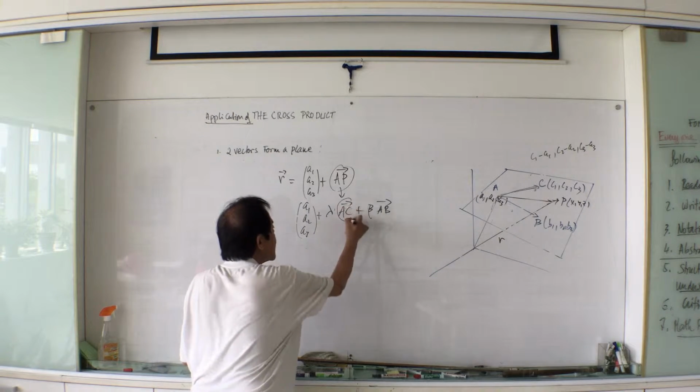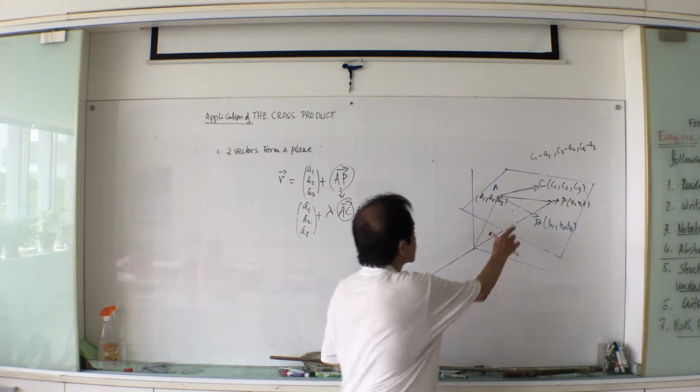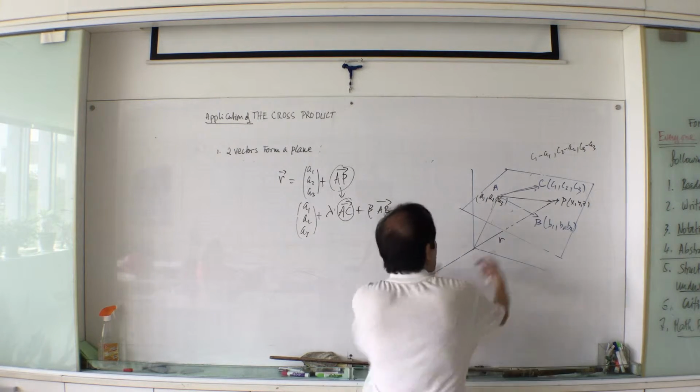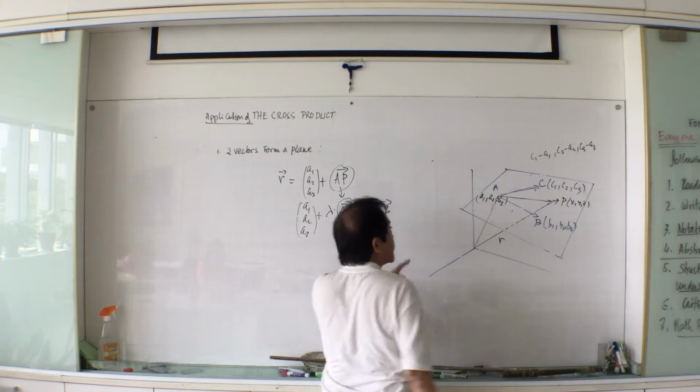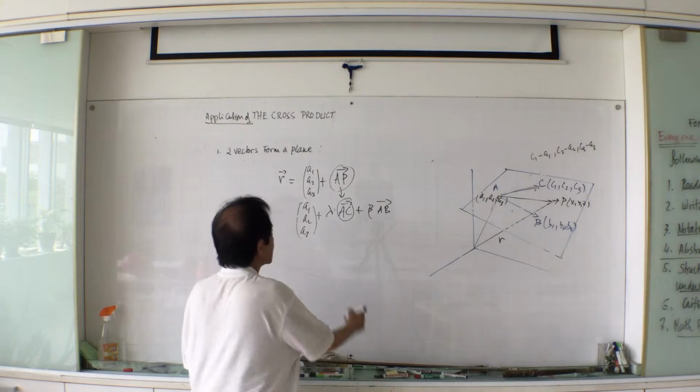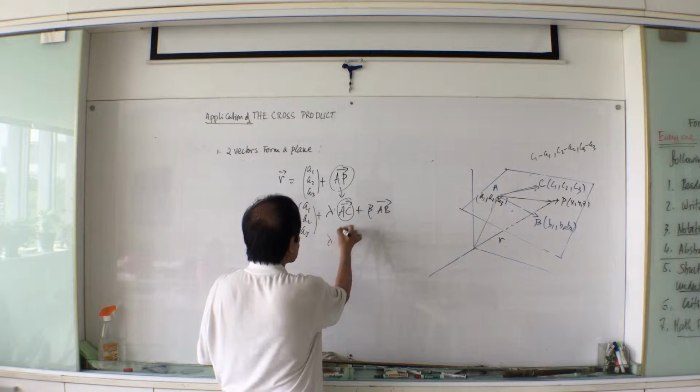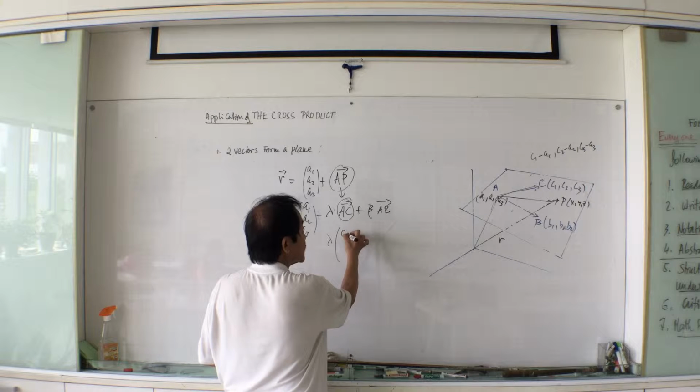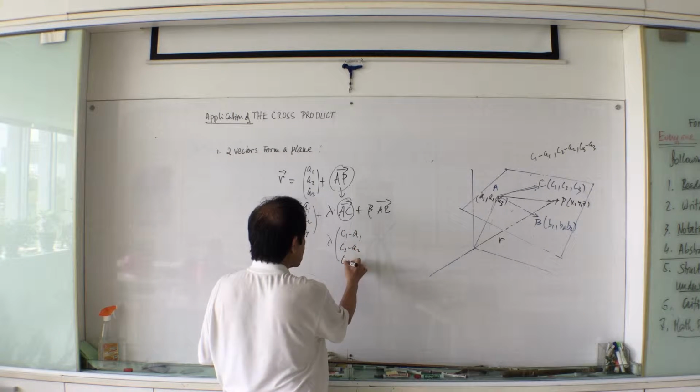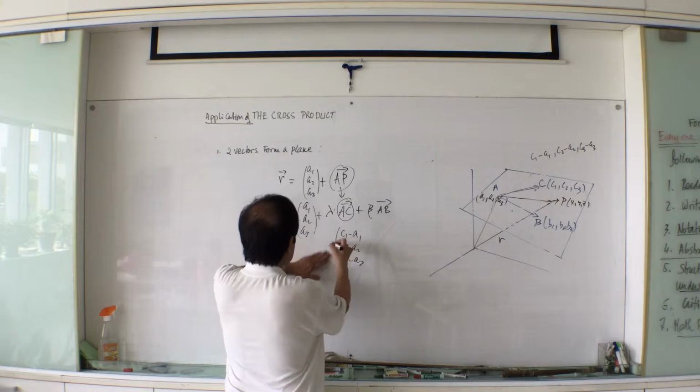So what does the vector AC equal? AC equals C1 minus A1, C2 minus A2, and C3 minus A3, times lambda.